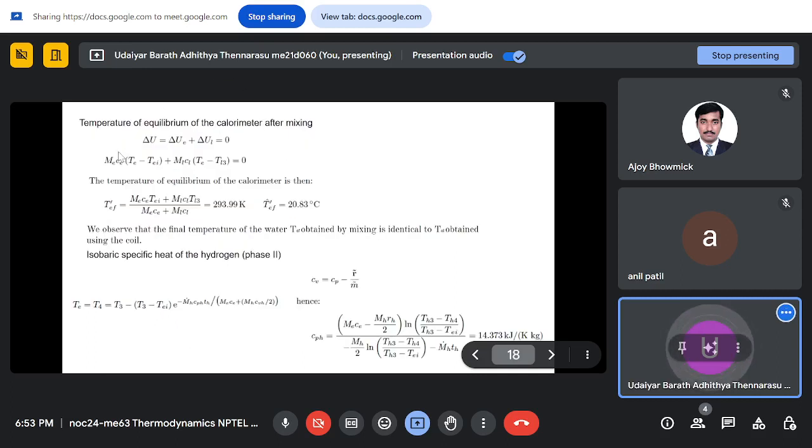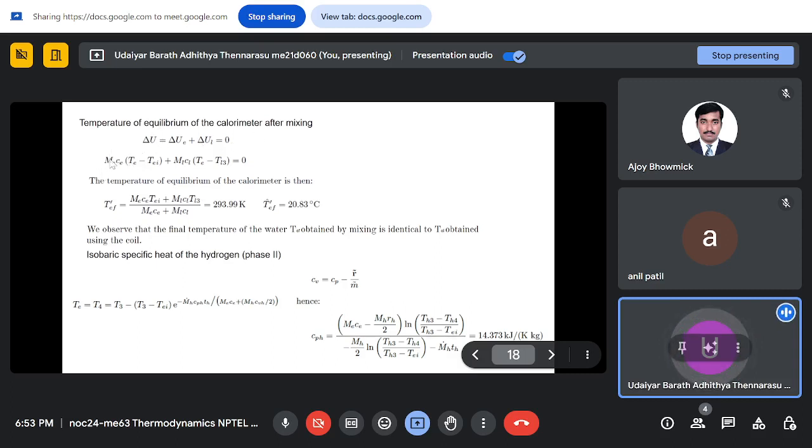Similarly, what if you mix the oil with the water? What will happen then? In that case, your total internal energy will be the same, because there is no interaction with the surroundings. So the total internal energy, including both liquids, water and the oil, will be the same. So the change in internal energy is 0.